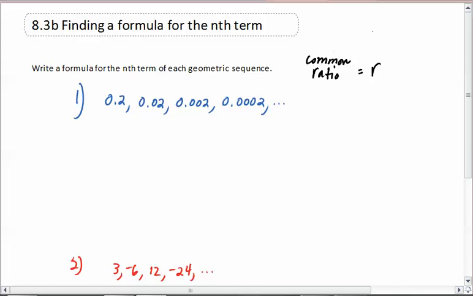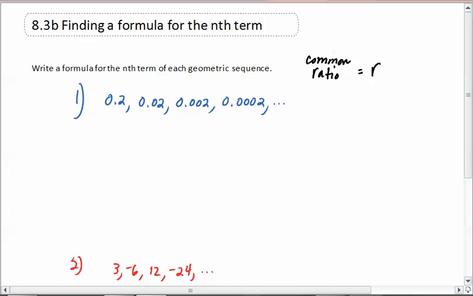Basically, it just means that to get the next term, you have to multiply or divide by a certain number. Now, we typically don't say divide, we just multiply by the reciprocal. So we're going to talk about multiplying as opposed to dividing.